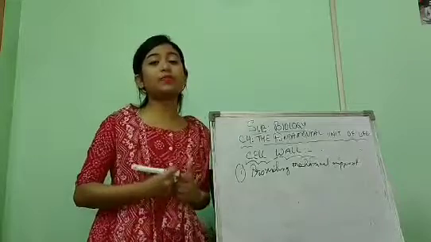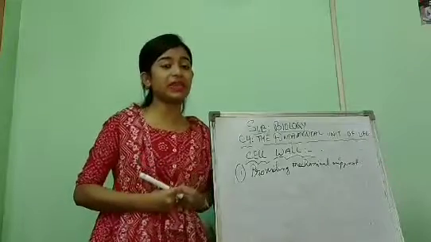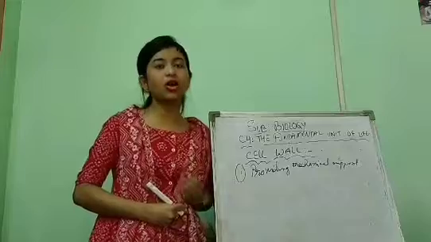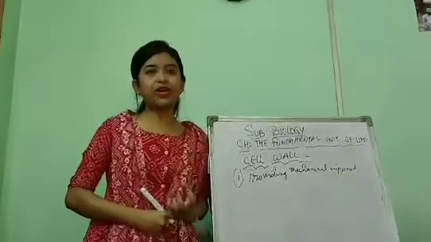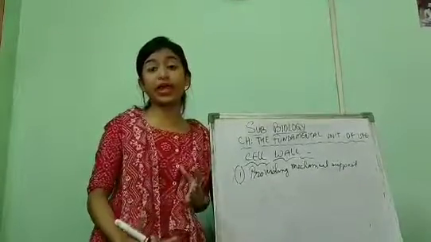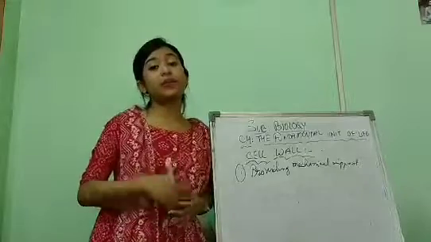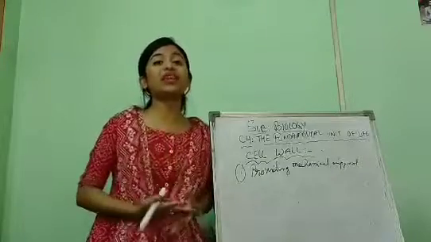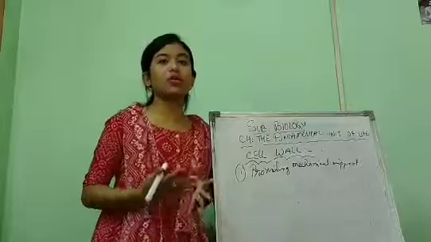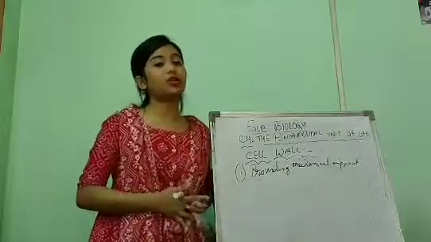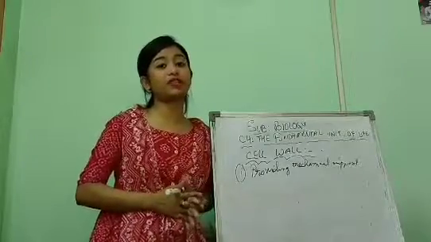The cell wall will provide the plant with mechanical support, the rigid, strong, protective layer, which will enhance the ability of the plant to withstand various conditions. So that is the first and foremost important function of a cell wall.